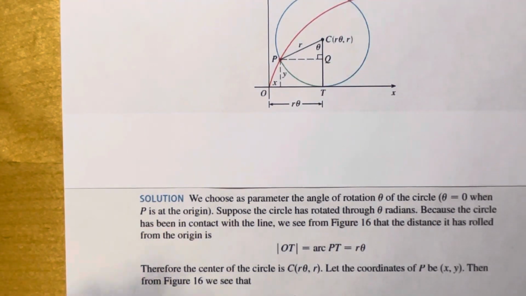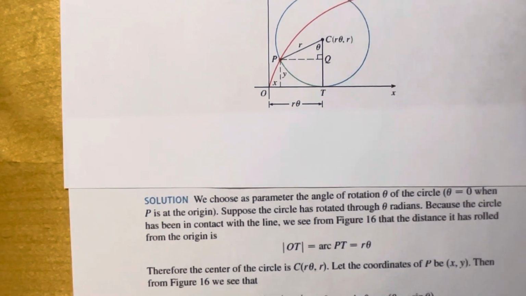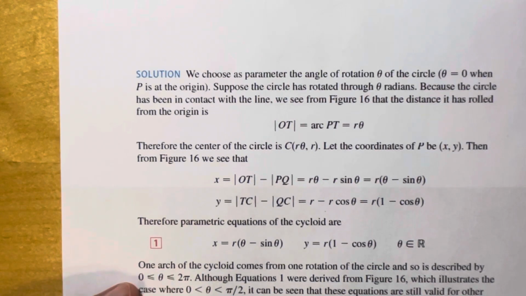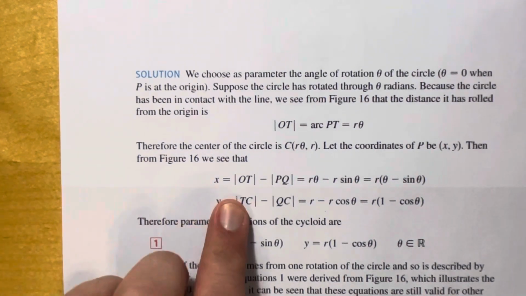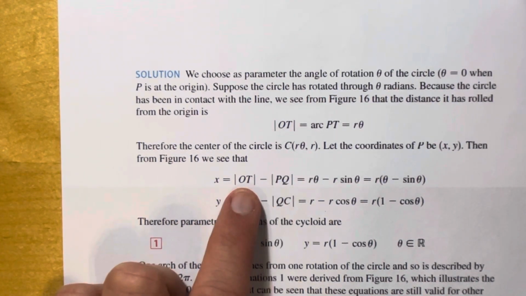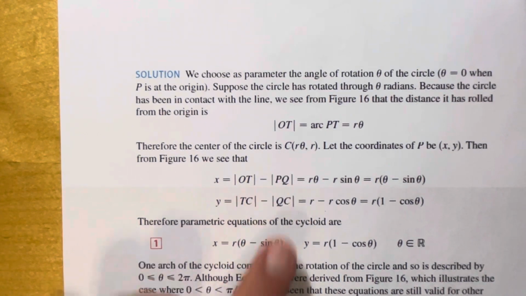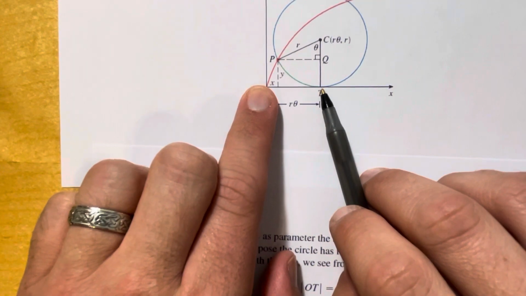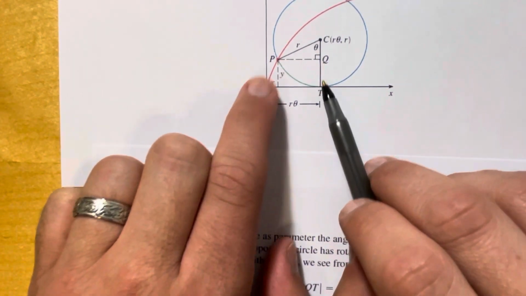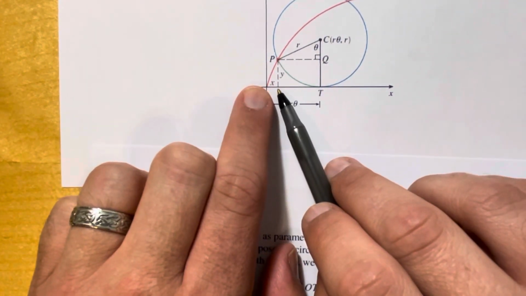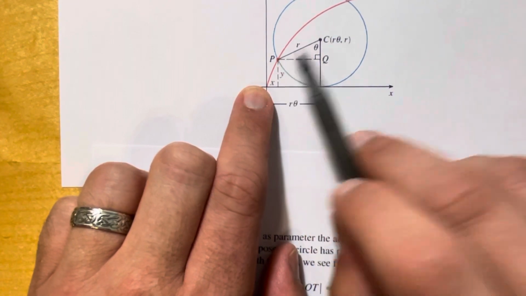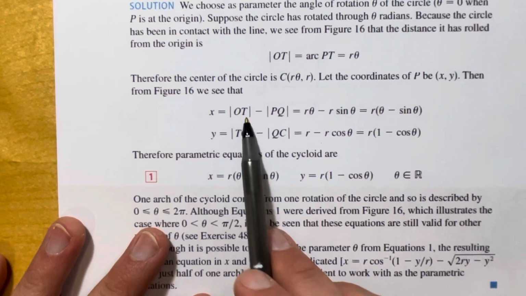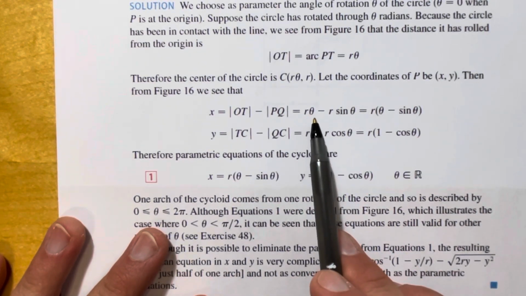I want to now find a way of relating all of these things. So I'm going to have to move up a little bit here. With all of that in mind, x is going to be equal to the length of OT minus the length of PQ. Why is that? Here's OT right here. Here's PQ. So if I take this and subtract this, I'm left with just this little piece right here, which is the x-coordinate of P, okay? But we said that the length of OT is the same as the length of that arc, r theta.